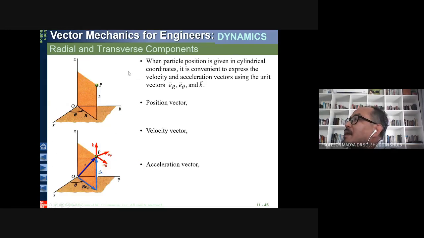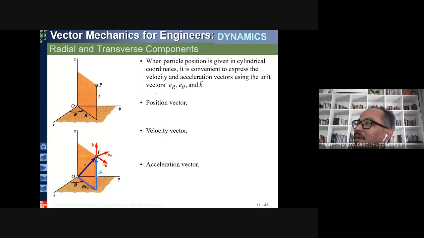For the case of 3D, we involve what we call the cylindrical coordinate. We can express the velocity and acceleration using the unit vectors er, e theta, and k, because 3D involves the z direction.